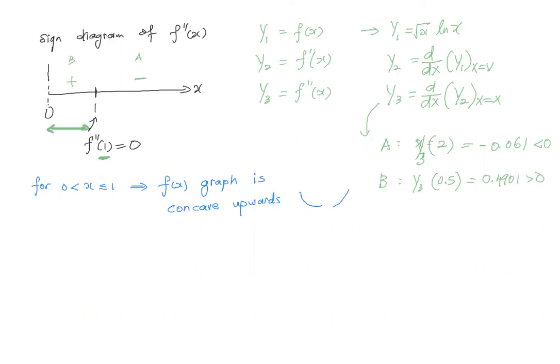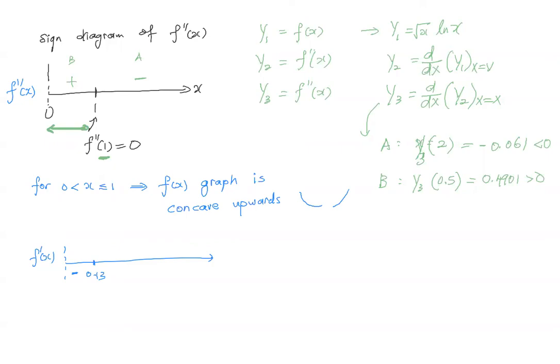So I have to go back to my f prime x graph, sign diagram. This is f double prime. So f double prime x gives you the shape. The f prime x sign diagram goes in this way. 0.13, correct? So this is negative.